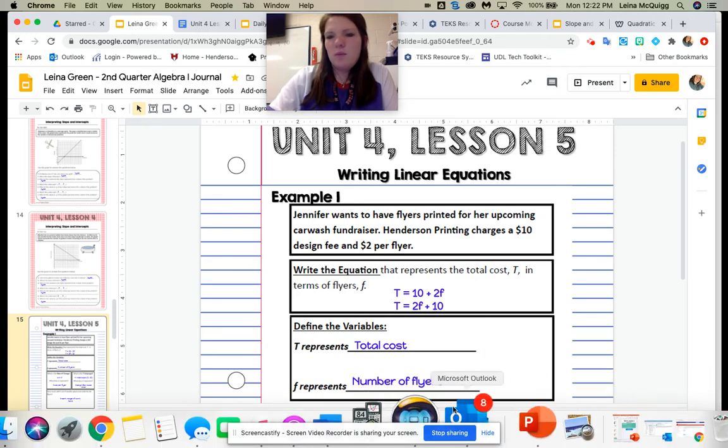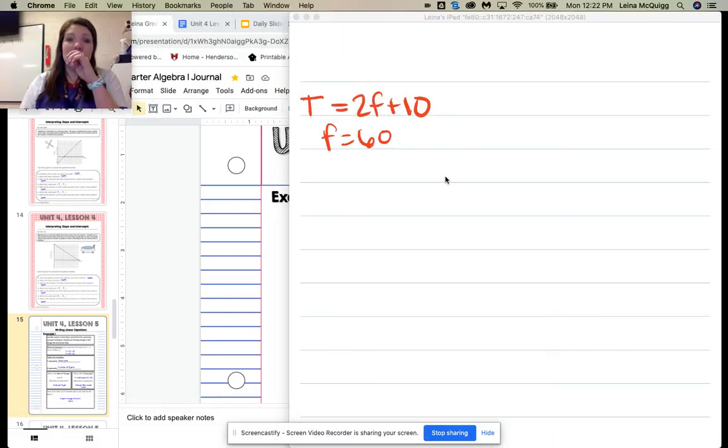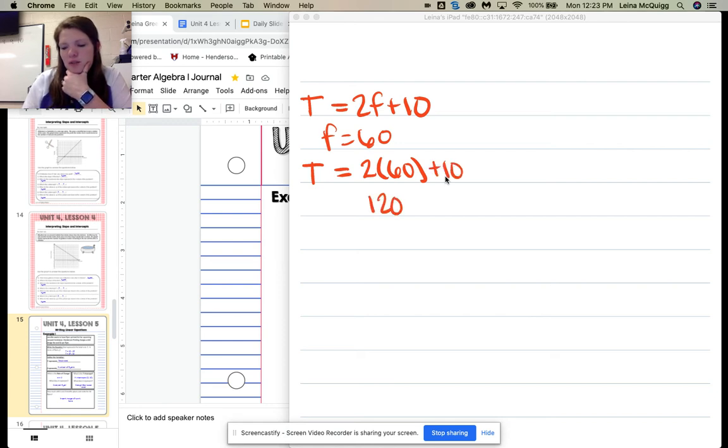One way to do this is by doing this. So that means what I'm really doing is T equals 2 times 60 flyers plus $10. Well, 2 times 60 is 120, plus 10 is 130. So my total cost for 60 flyers is $130.